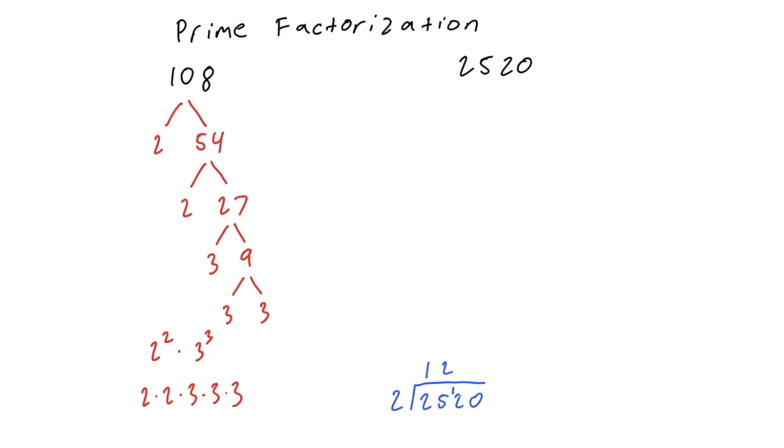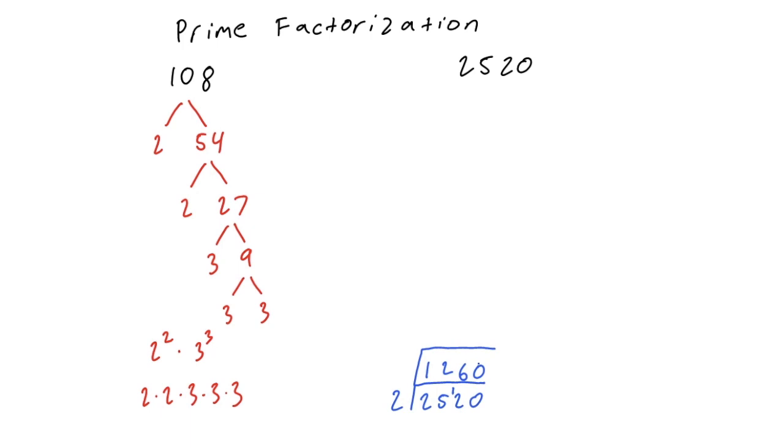Now this might be something you may or may not have seen before. It's long division, but kind of a shortcut way to do it. So 2 goes into 12 6 times. And then 2 goes into 0 0 times. This method is really good for big numbers like this.